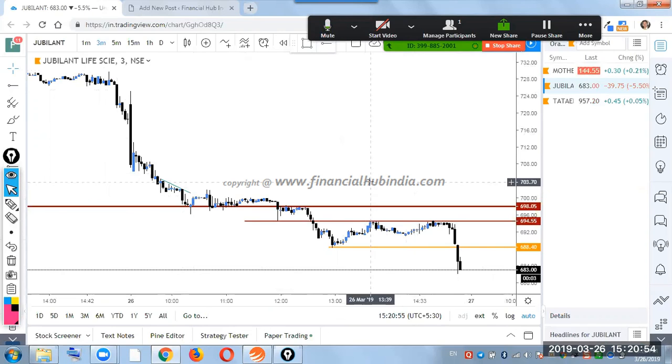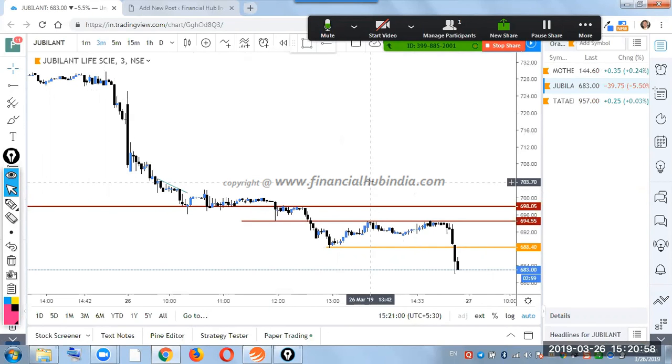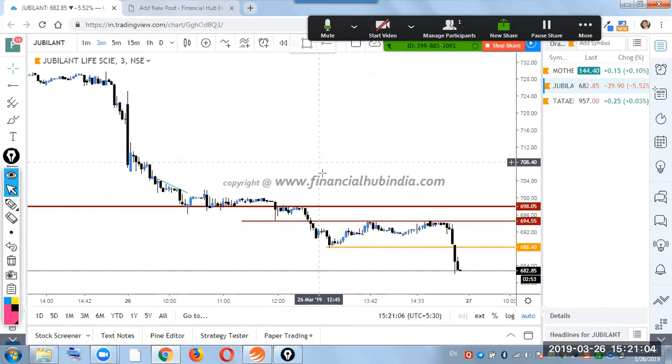So this is my experience. When I trade something, whatever the context or the price action analogy I see in that particular stock, we use that analogy and we trade accordingly. Otherwise, if you keep trading stocks, and in the meantime you start seeing, oh, what is happening in Nifty, oh, what is happening in Nifty, then you will be confused, and it will disturb your trading style.